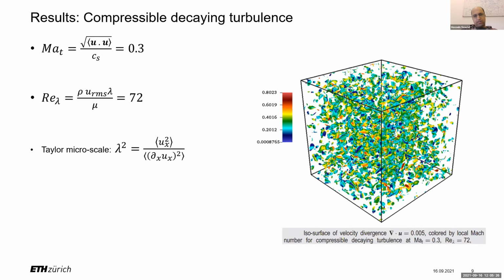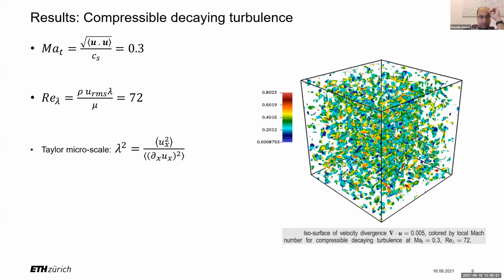So now after validating the model, we can turn to a more complex case of compressible decaying turbulence. The problem here is that we have a box with size L, and we initialize the flow field inside the box with constant density and constant temperature, and then the initial flow velocity follows a specific energy spectrum.